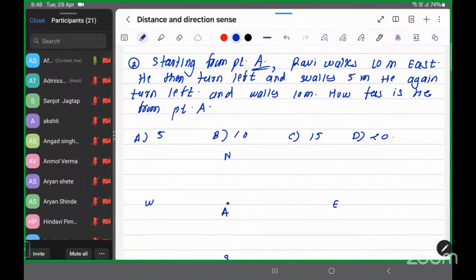10 meter east here, then turn left. If I get a left turn, then we go north. It's 5 meter. Then again turn left and walk 10 meter.